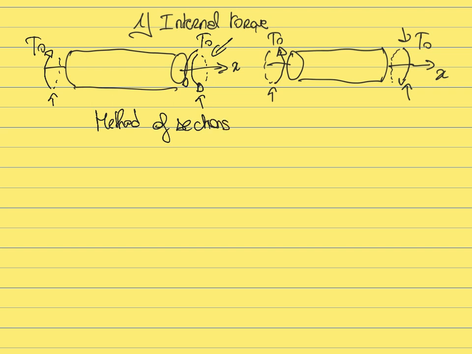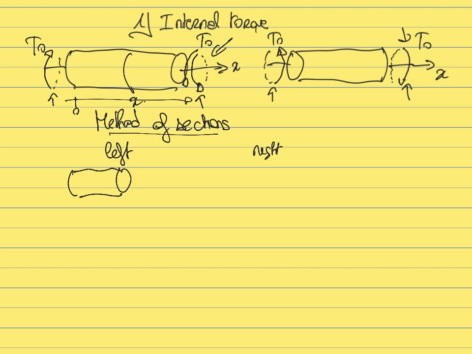So we are going to take a given position x on the x-axis and cut the beam into two parts at this position x. So then after we cut this beam, we can either isolate the left or the right. And in this case, if we isolate the left, then we have the fraction of the beam, let's assume that this beam goes between x equals 0 to x equals L. If we isolate the left, then we have the fraction of the beam that goes between 0 and the specific x at which we are cutting this beam.